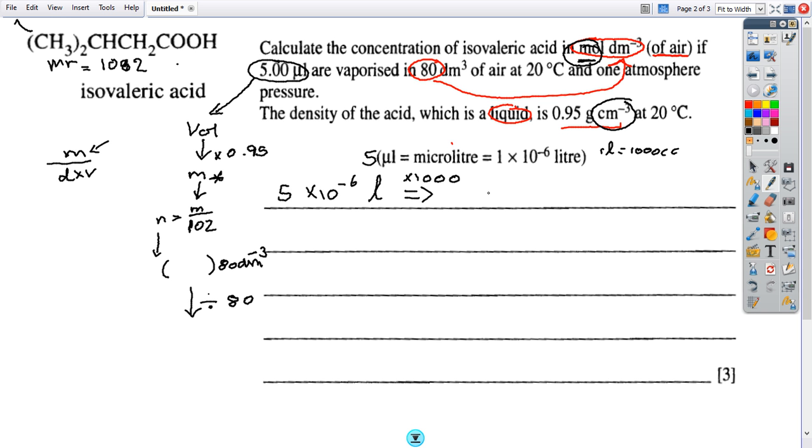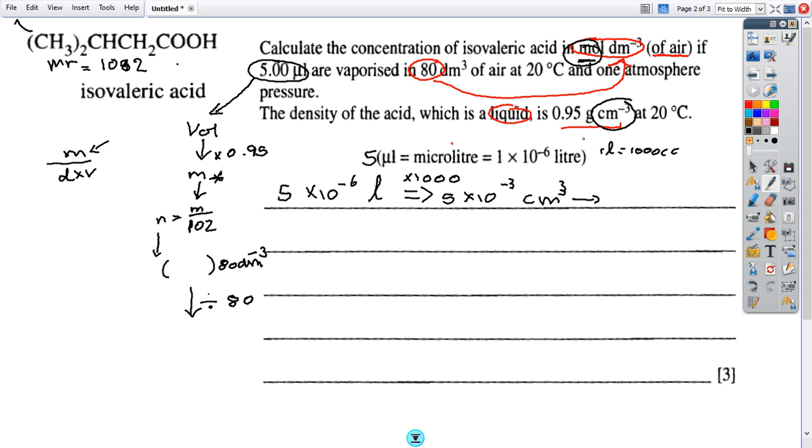So if we take 5 times 10 to the minus 6, multiply it by 1000, we get 5 times 10 to the minus 3 cubic centimeters. Now that's a very small volume.